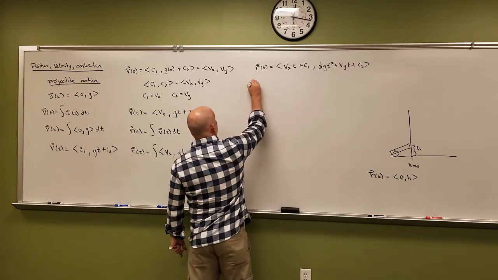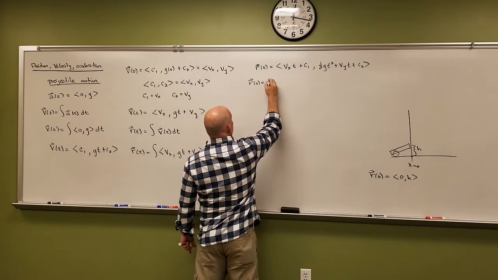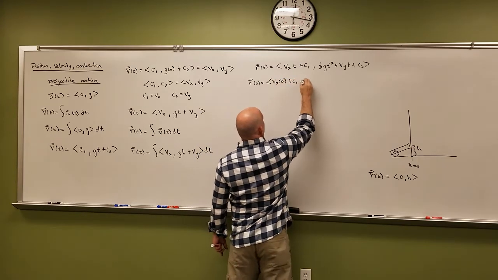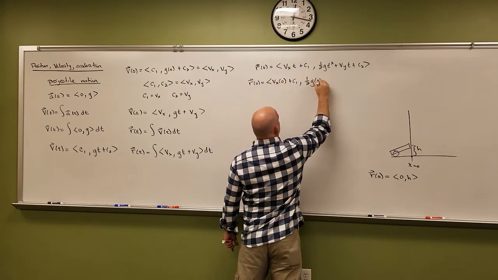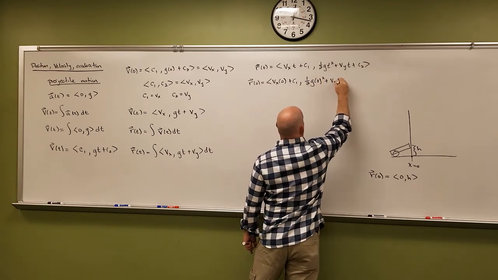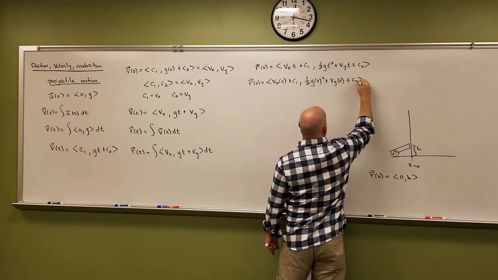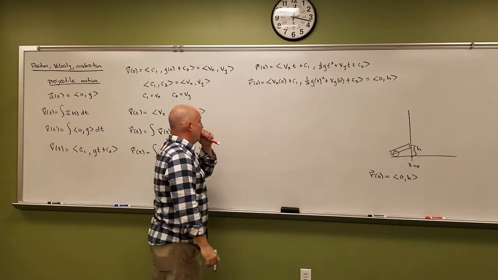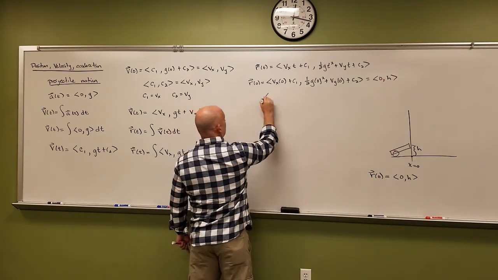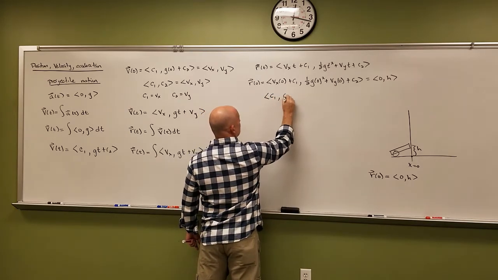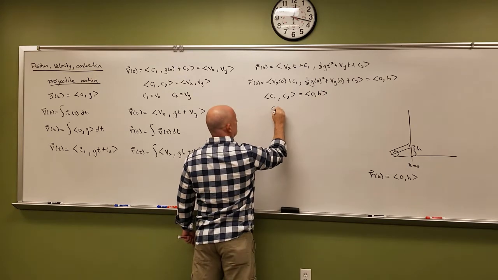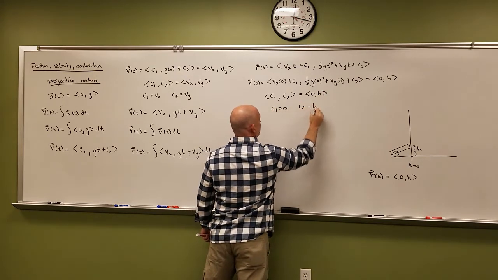So r of 0 would be v sub x times 0 plus c1, 1/2 g times 0 squared plus v sub y times 0 plus c2, which equals (0, h). Okay, cleaning this up, again we end up with a very simple equation. c1 is equal to 0 and c2 is equal to h.